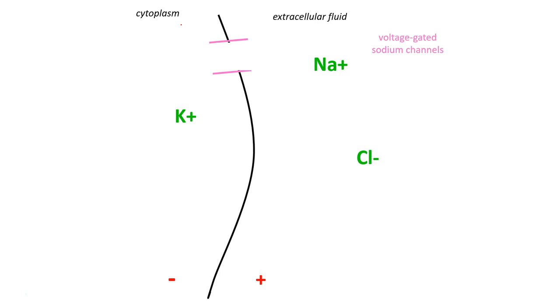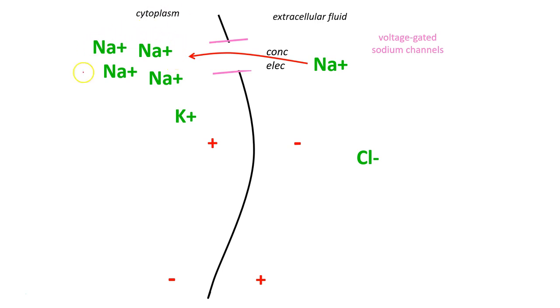Once the threshold of excitation is met, these voltage-gated sodium channels open. And remember, the force of electrostatic pressure and diffusion are both desperately pushing sodium into the cell. So this causes gobs of sodium to enter the cell down both its electrical and concentration gradient.